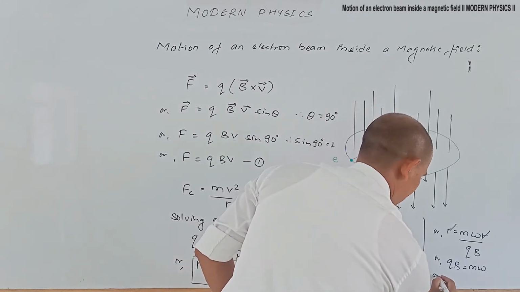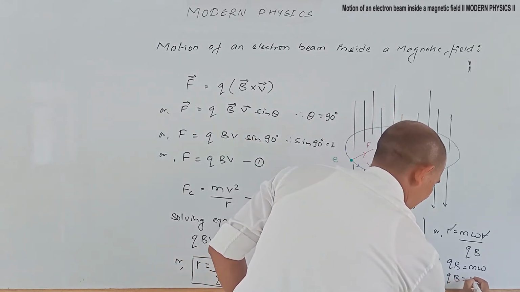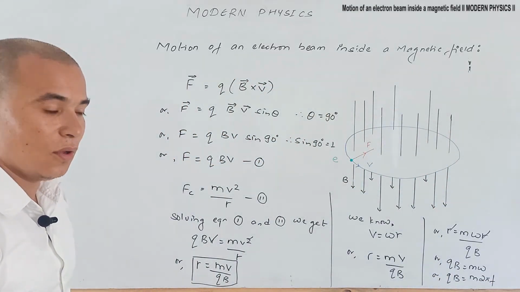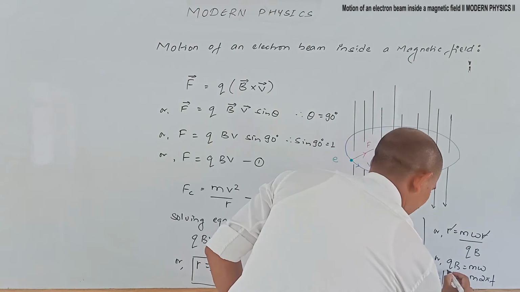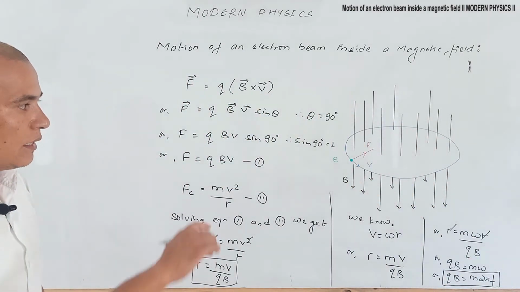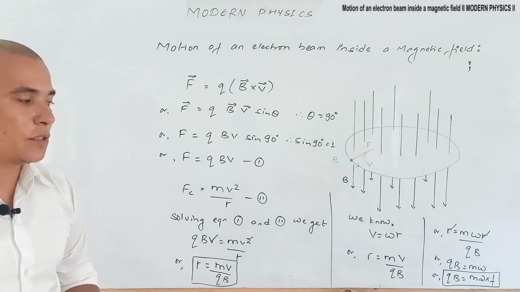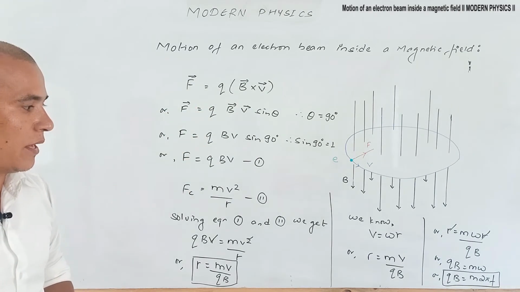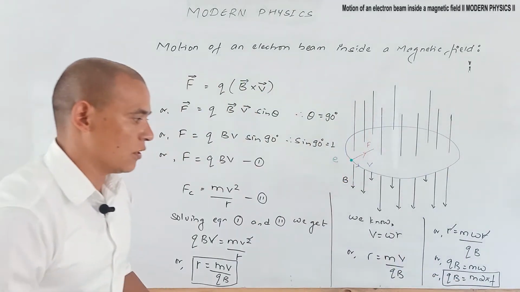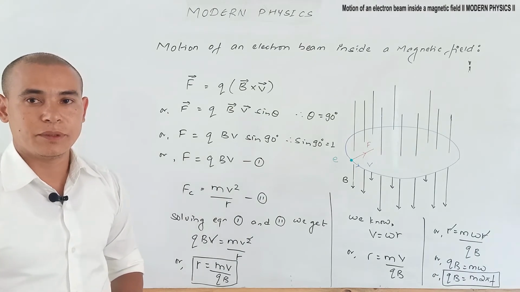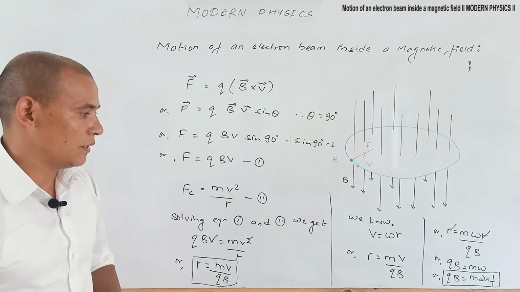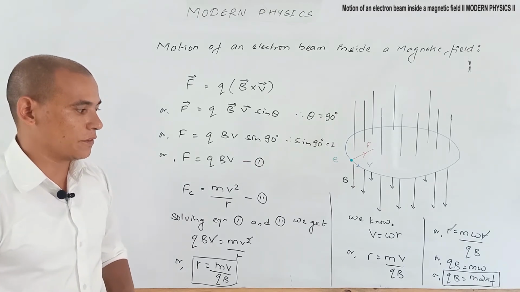Also we can replace omega by 2 pi f. From this equation we can calculate the frequency, that is, in 1 second how many times the electron moves in a circular path in a magnetic field. If we can calculate the frequency, we can also calculate the time period, that is, the time taken for one circular path of the electron inside the magnetic field.